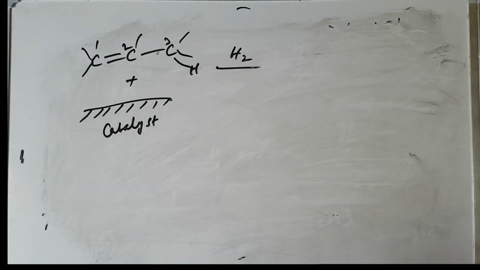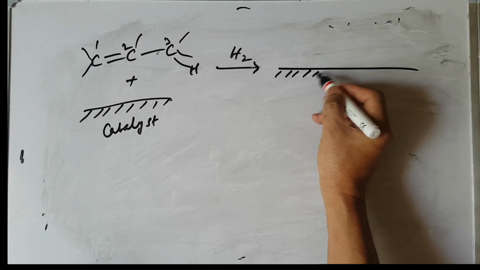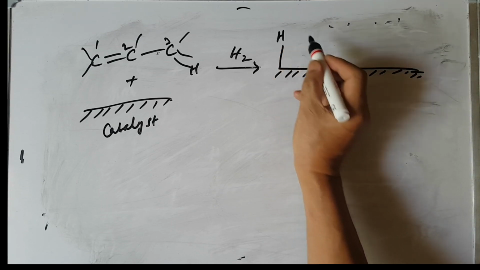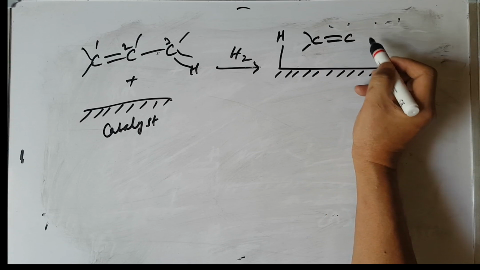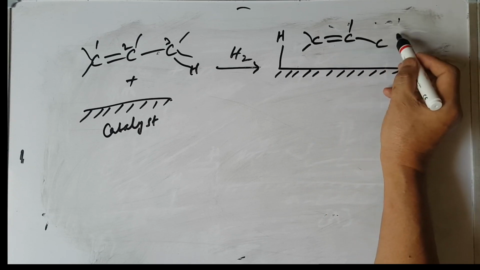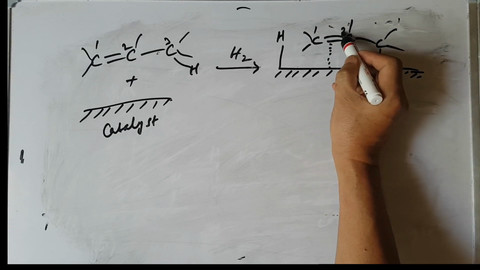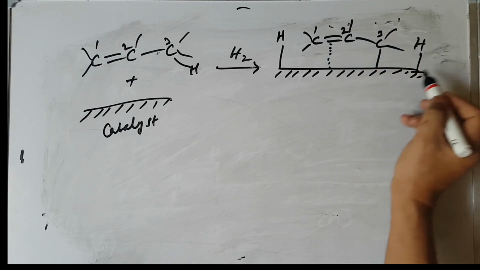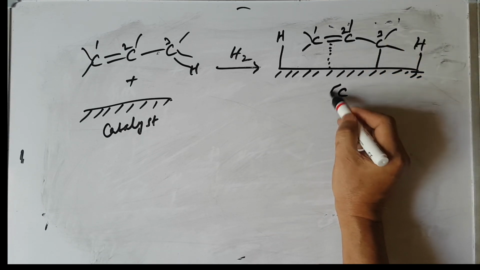Another structure it can have is on the catalyst, where the hydrogen is absorbed, and this double bond is here. This is a sigma bonded and pi bonded compound, 1, 2, 3. The hydrogens are absorbed as well as the organic compound. So this you can call another structure, C.